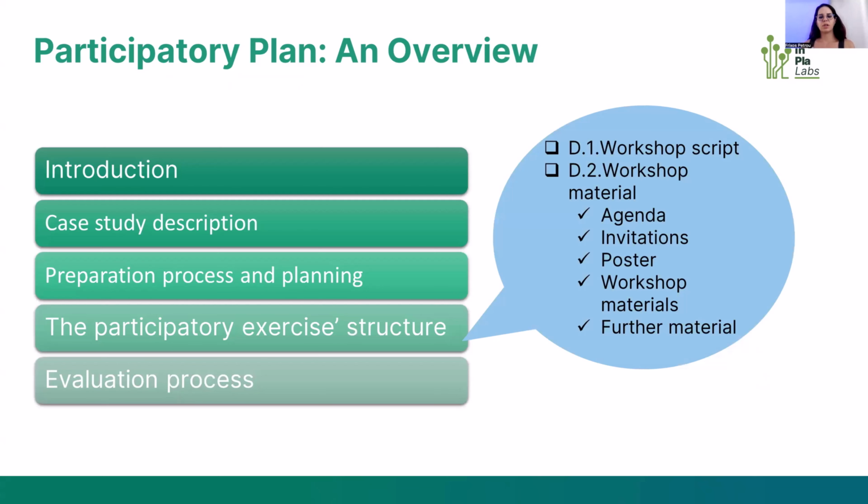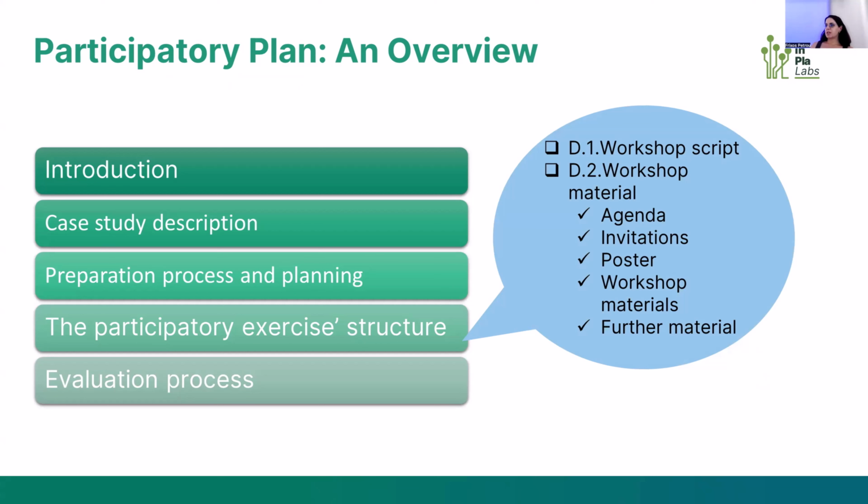And here you can see an example of what a participatory plan could include. We can start with an introduction, saying what the objectives are, what we're going to do, and so on.